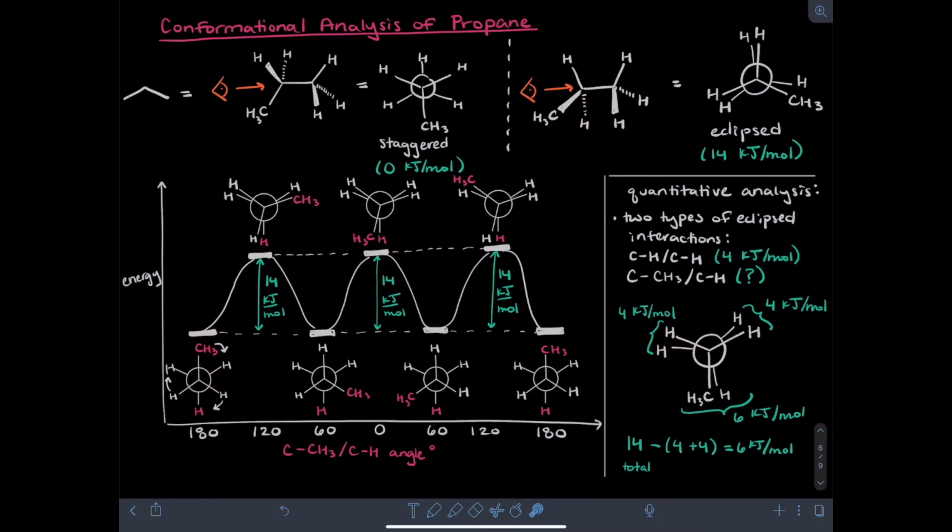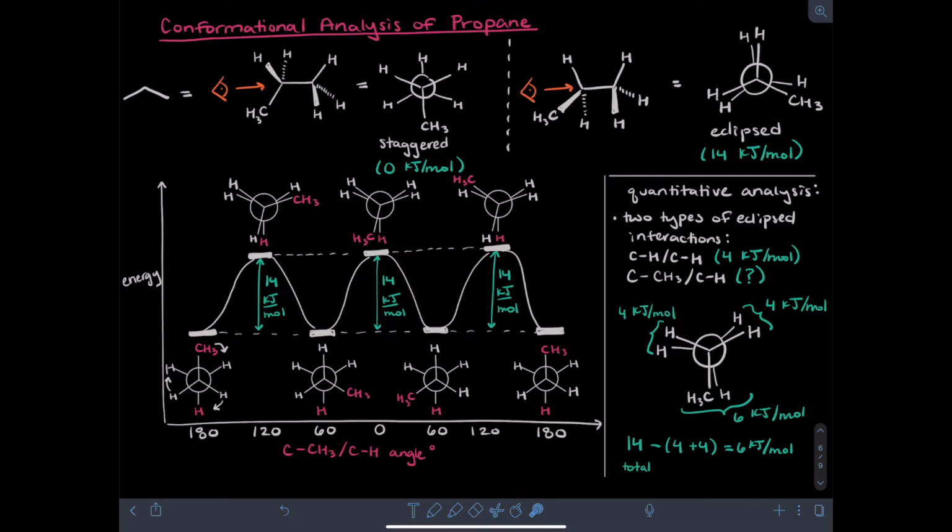But I can calculate this value by knowing that my overall energy cost is 14 kilojoules per mole. I've accounted for 8 kilojoules per mole from my two sets of eclipsed hydrogen-hydrogen interactions, leaving 6 kilojoules per mole unaccounted for.